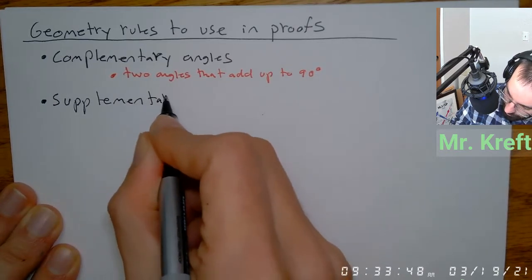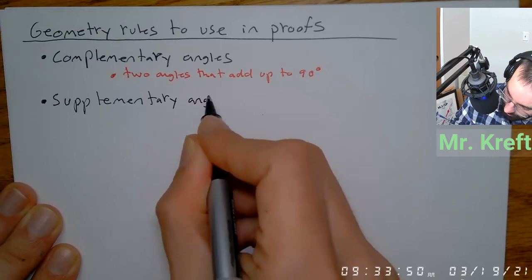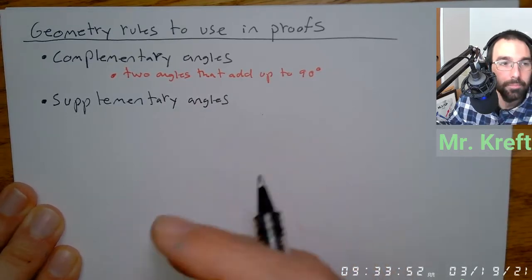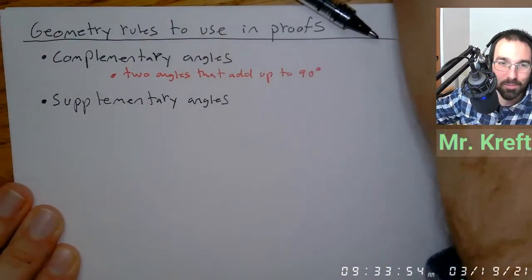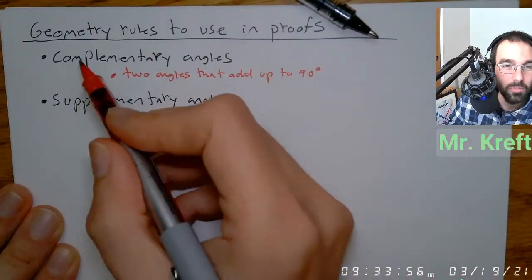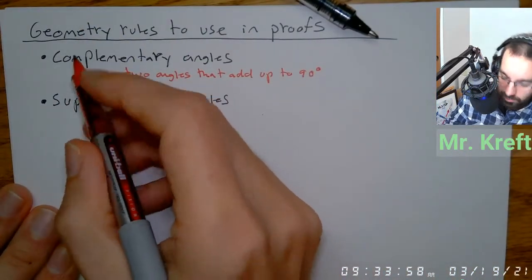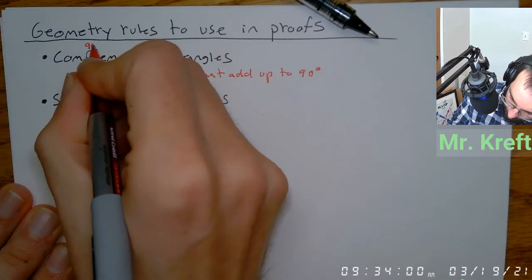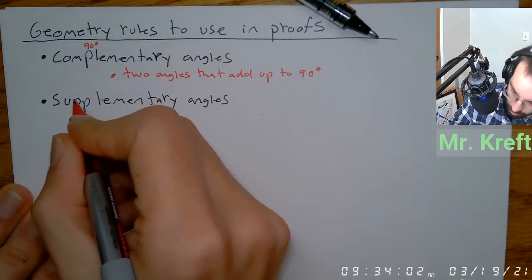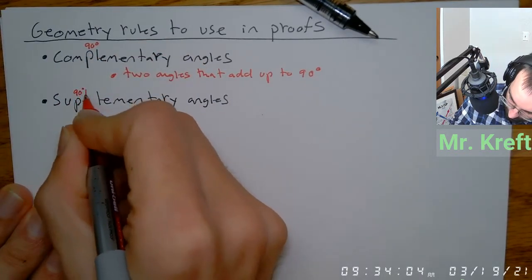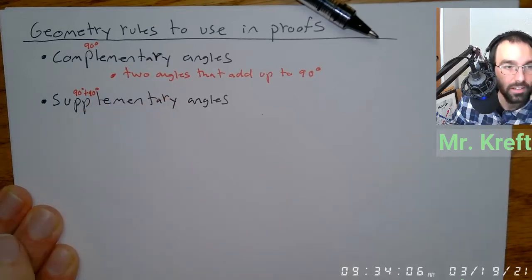Now I have a really funny way of remembering these, and it's a great story. But if we don't have time for a story, just what I teach my students is think of P as 90. If P is 90, see how this one has two P's? That's 90 plus 90.